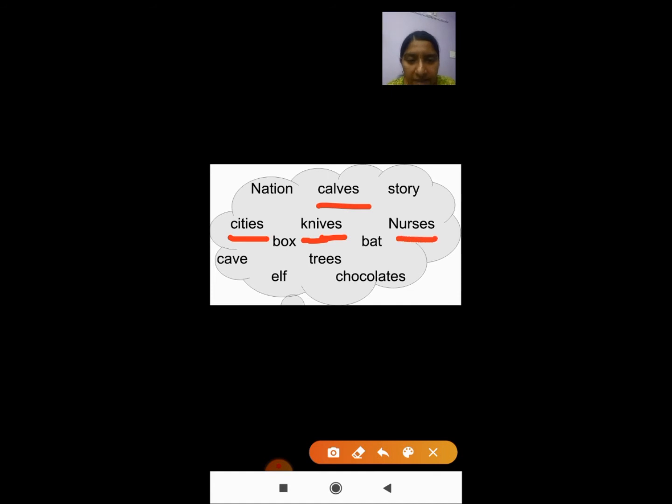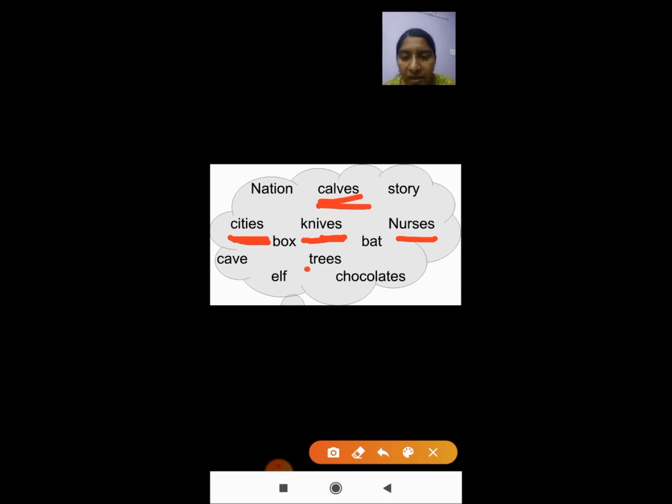And nurses, here also it ends with ES, right? The last two letters you see here, ES it is. And here for knives it is VES, and for cities it is IES, and for calves it is VES. Here you can see VES.